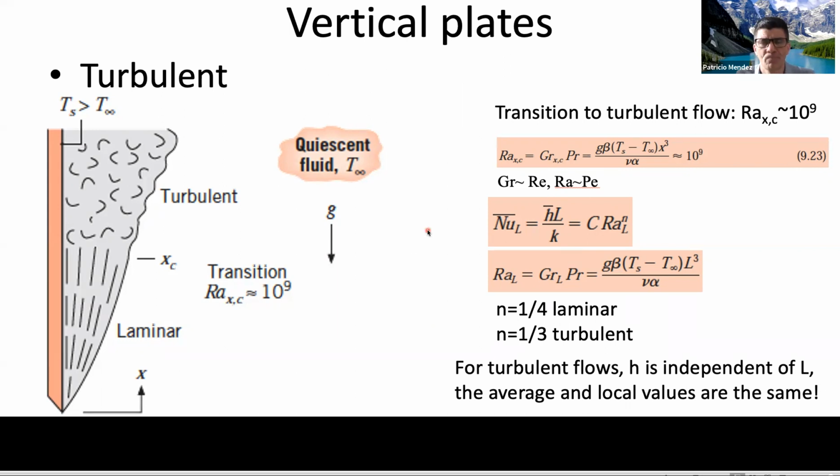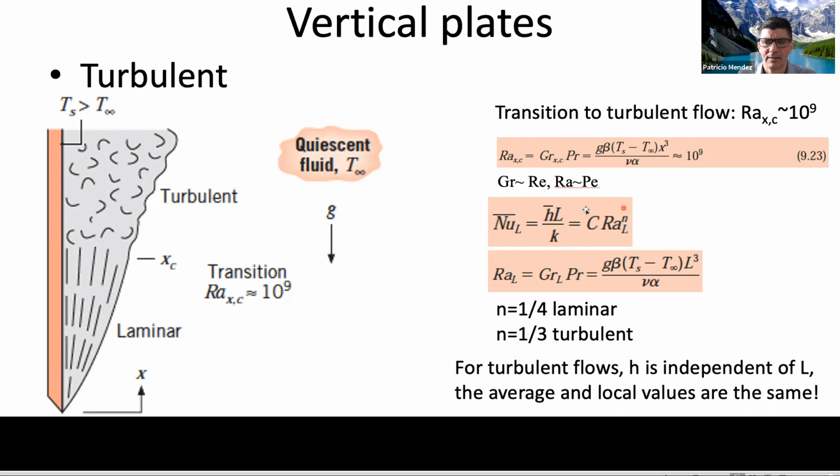How do we know if we're in laminar or turbulent? Our first reaction would be to check the Reynolds number, but good luck with it, because we don't have a velocity to put in the Reynolds number. So we saw that the more or less equivalent of Reynolds is the Grashof number, and Grashof times Prandtl is the Rayleigh number.